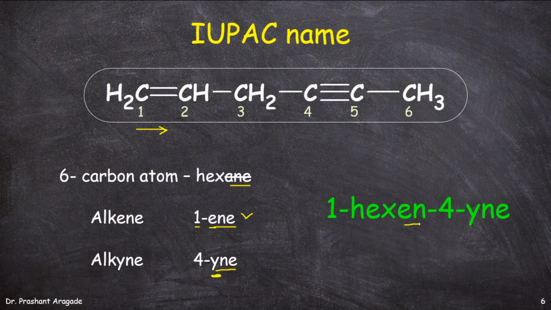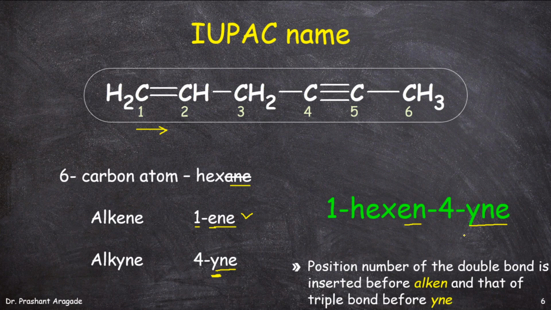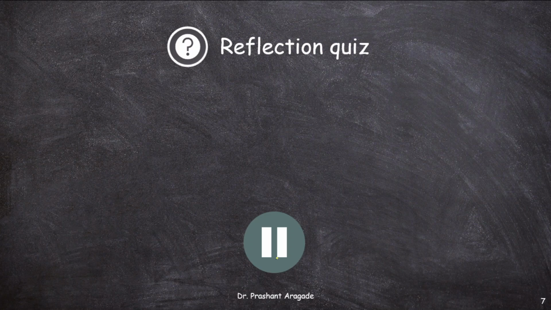So you have to write down first the alkene and then write down the alkyne. So the position number of the double bond is prefixed before the ene, and the position number of the triple bond is prefixed before the yne. So this is how to write the IUPAC name of compounds containing both a double bond and a triple bond.